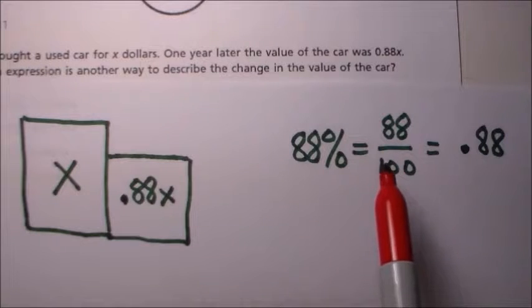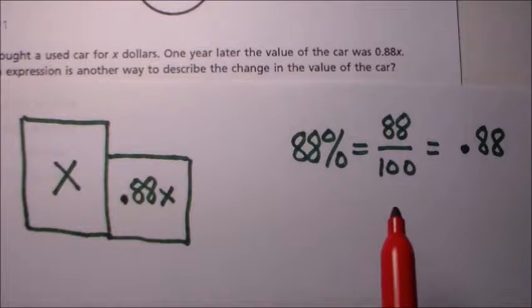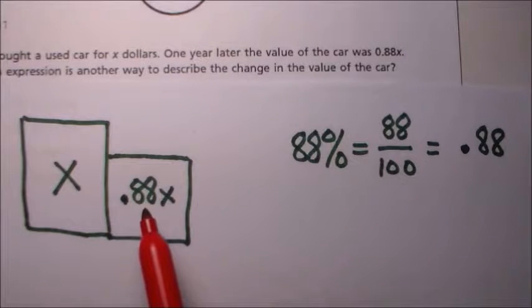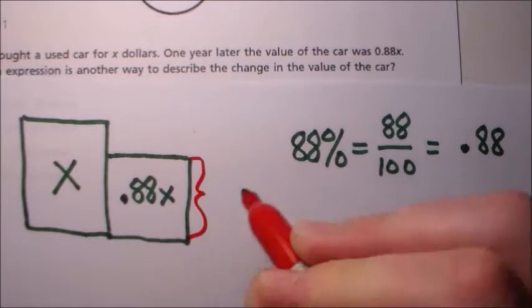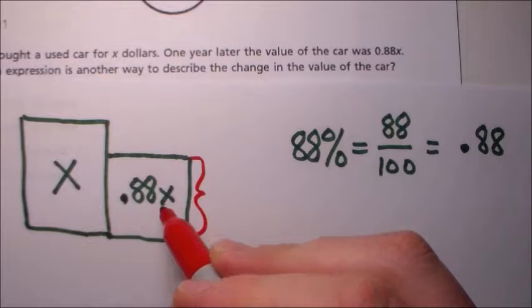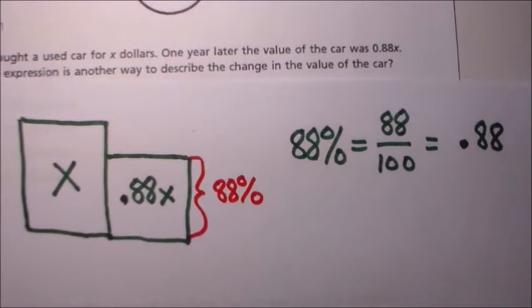Percent means per 100. And 88 hundredths is the same as 0.88. So here you have 88% of X, right? 0.88 is another way of just saying that's 88% of X.